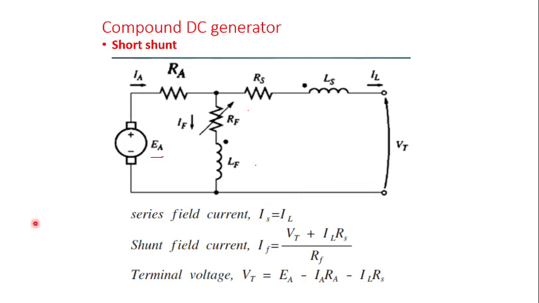All right, so we want a relationship between the terminal voltage VT and the internally generated voltage. When the load increases, because of that formula, we'll be able to analyze it very well.